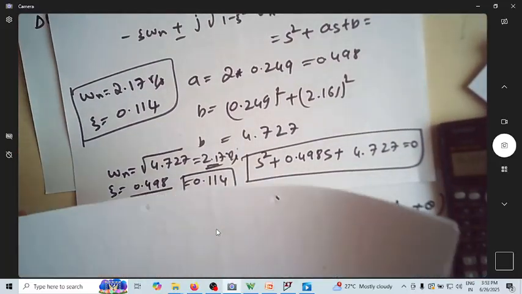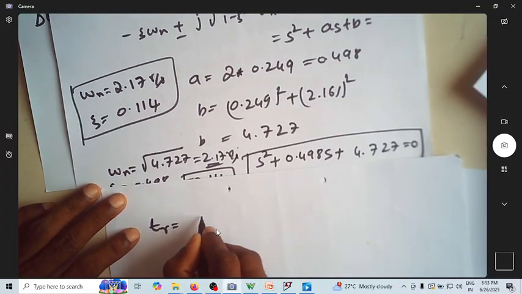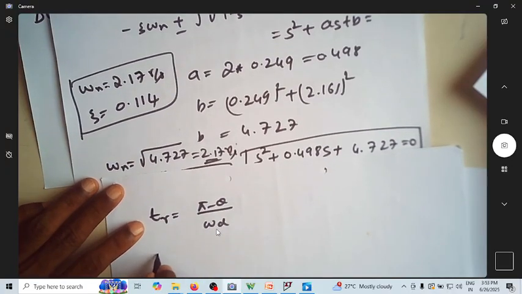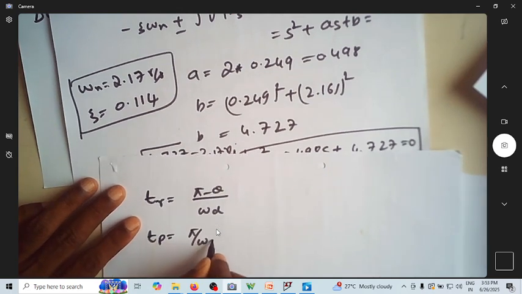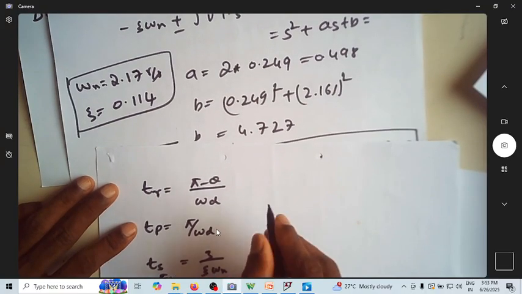Let me take again the same equations: Tr is pi minus theta by omega d, Tp is pi by omega d, Ts for 5% is 3 by zeta omega n, and percentage overshoot is e power minus zeta pi by root of 1 minus zeta square.